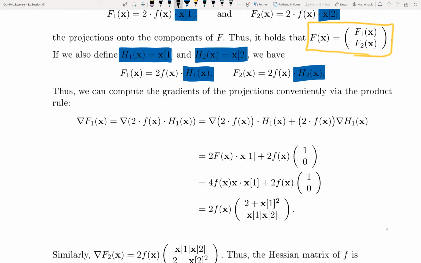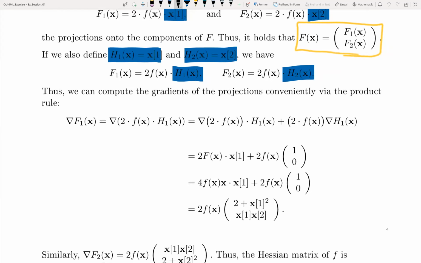We can apply this product rule, that the derivative of the product of these two functions is given by derivative of the first function times the second function as it is, plus first function as it is times derivative or gradient of the second function. Now this is our product rule we had above.